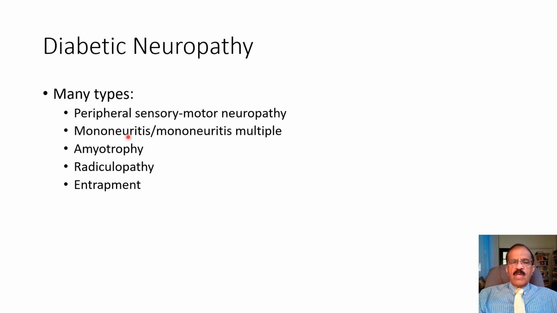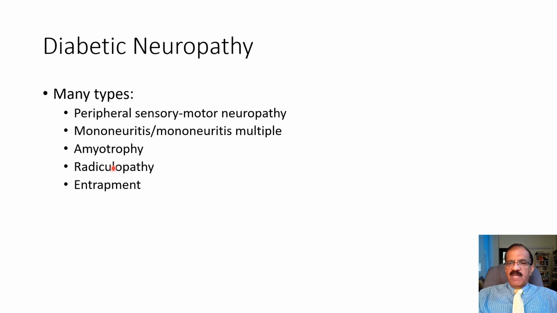And if you control the glycemia, I think I would use insulin in this situation, because I want to make sure that glucose is controlled, and then within 6 to 12 weeks this is actually reversible. If more than one nerve is involved, but the mechanism is the same, we call it mononeuritis multiplex.